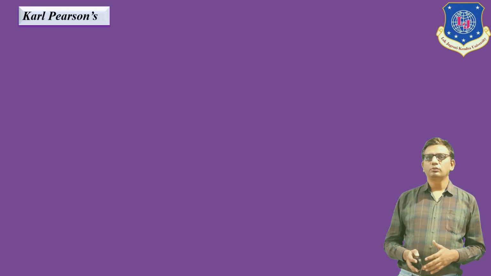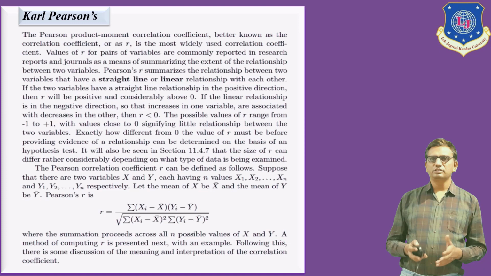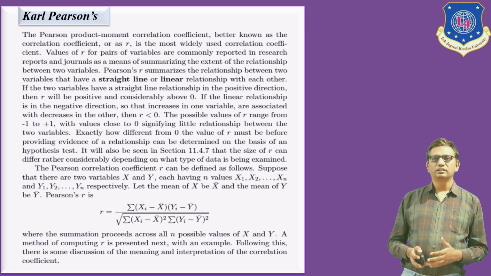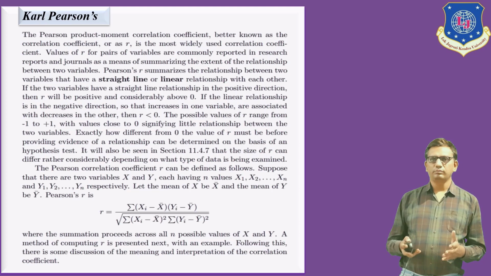But we have to identify the correlation between two variables by the Karl Pearson method, and this is the calculation of the Karl Pearson method. In this case, first of all we find the mean x bar and the mean y bar.